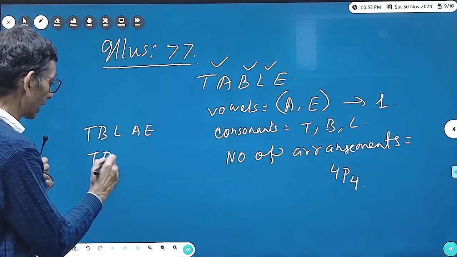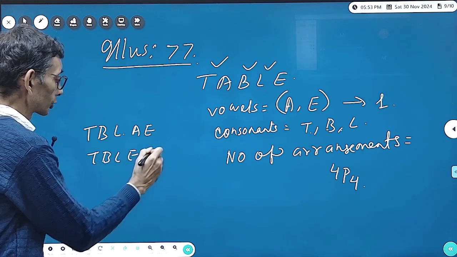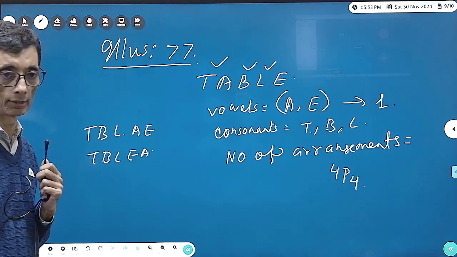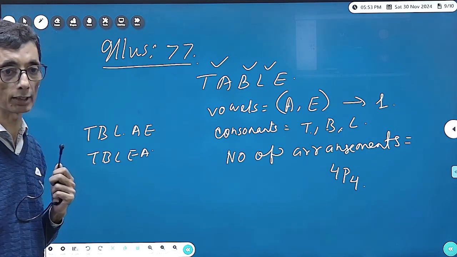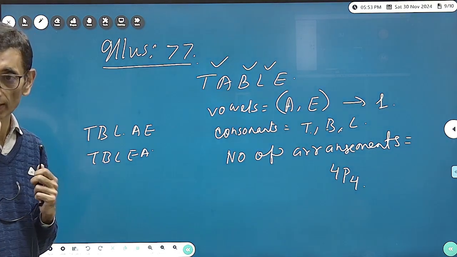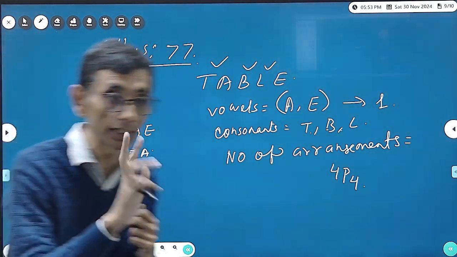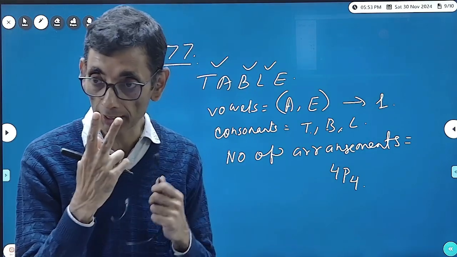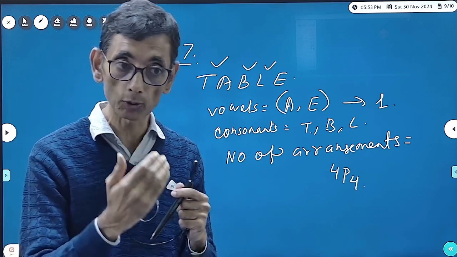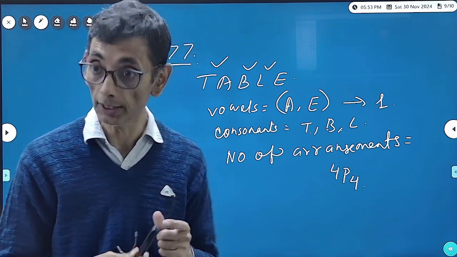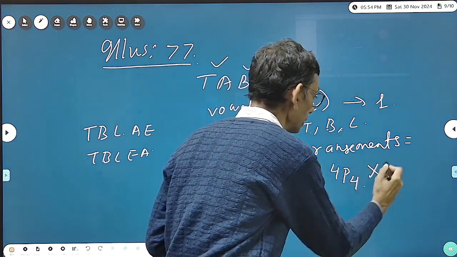But T, B, L, E, A is also possible. Both are different arrangements. So vowels among themselves have to be rearranged. Two vowels are there, so in how many ways can you rearrange? 2 ways. You can write AE or EA. So that should be multiplied by factorial 2.